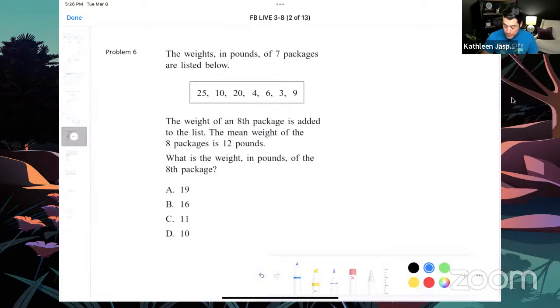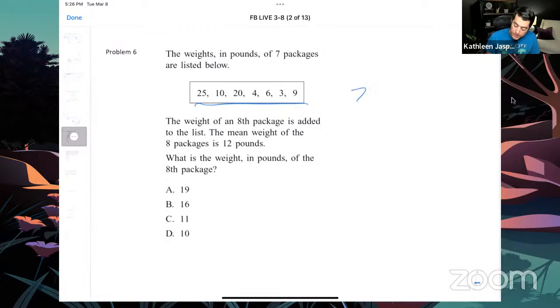So the first thing I want to do is take the sum of all of these, which ends up being 25, 10, 20, 4, 6, 3, 9. That's going to be 77. And then I want to add my eighth one, right? Because this is 1, 2, 3, 4, 5, 6, 7. X represents 8.